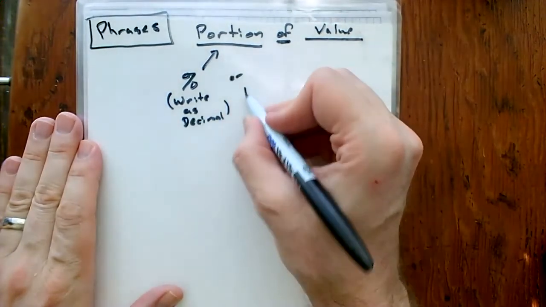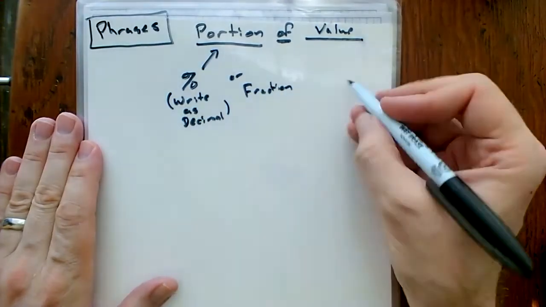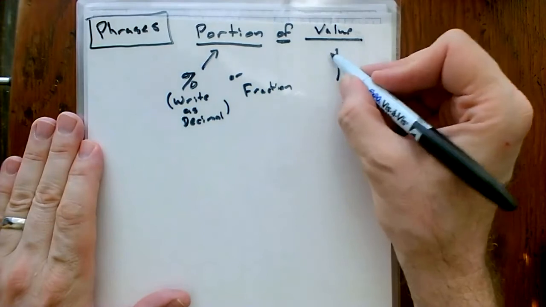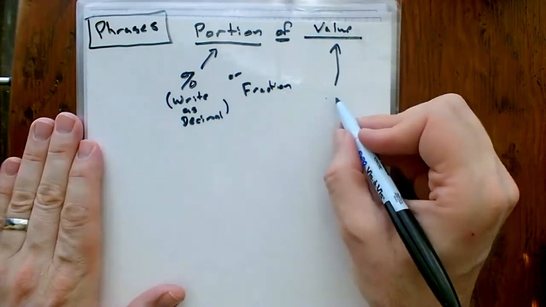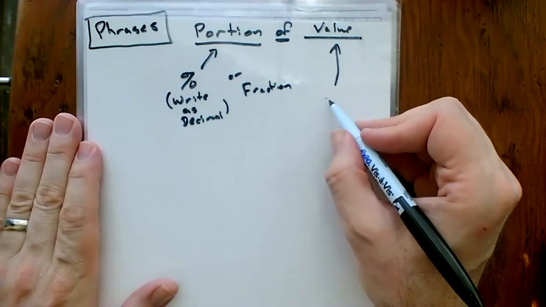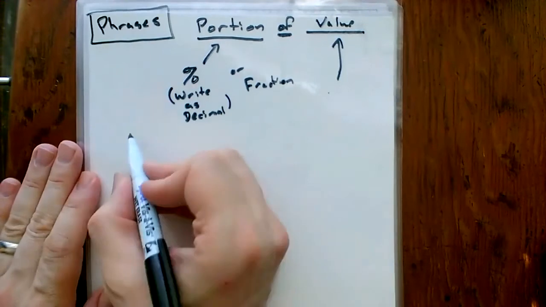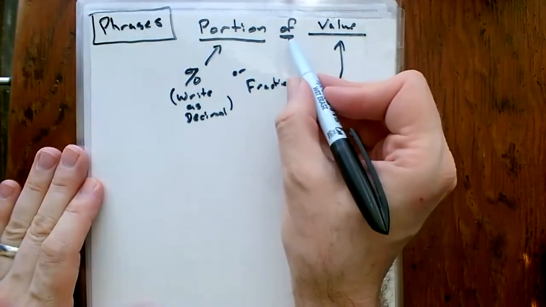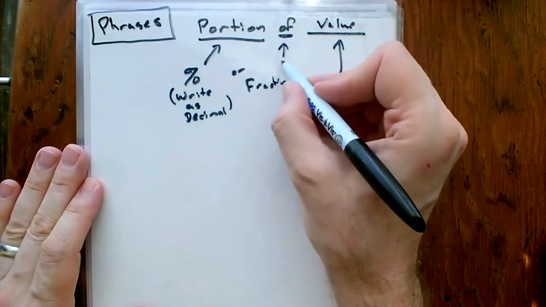Or it could be a fraction. Fractions are also portions. And of course, your value here could be a number or a variable. We don't know what we're taking a portion of. But here is what this means: "of" is going to actually indicate multiplication.